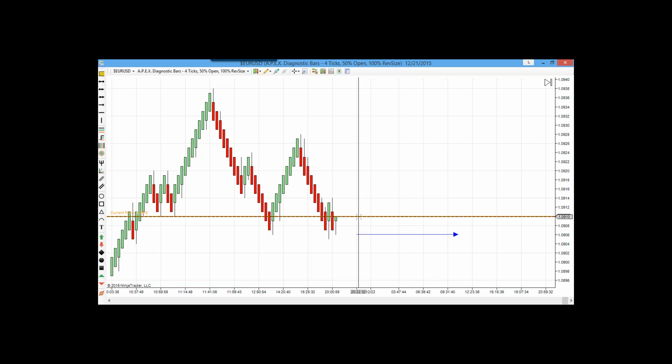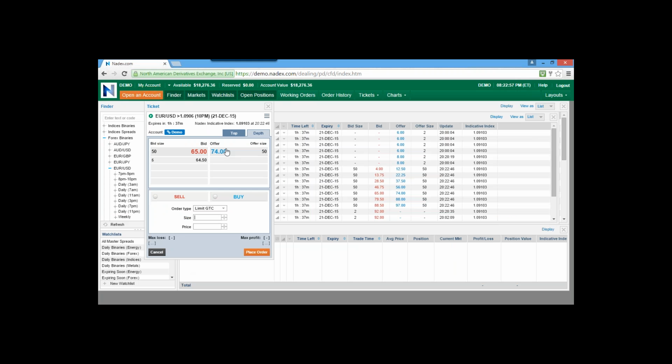But if I'm wrong and it comes down, I don't have to risk the whole 70 bucks. If it comes down and hits that strike price, I know I can get out of it for about 45 or 50 bucks. So I take a $20, $25 loss on it. But if I was right, I would have made 30 bucks. So I can risk 20, 25 to make 30. That's a good risk reward. I don't have to risk 70.